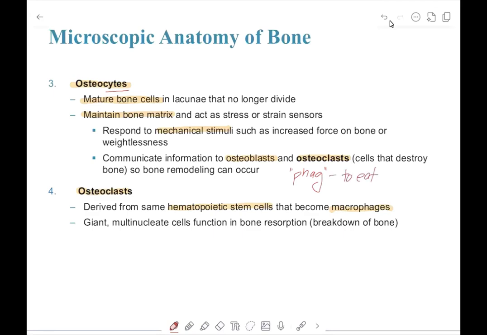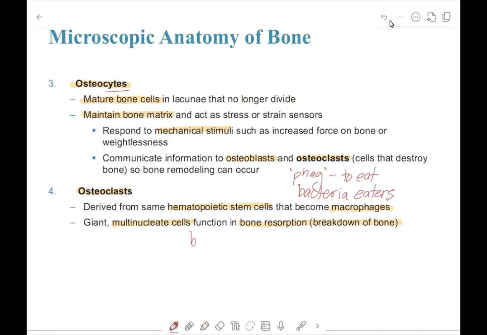So they literally are bacteria eaters. And in A and P2, you'll learn a lot about them in the immune system. So they are giant multinucleate cells that function in bone resorption, which is the breakdown of bone.